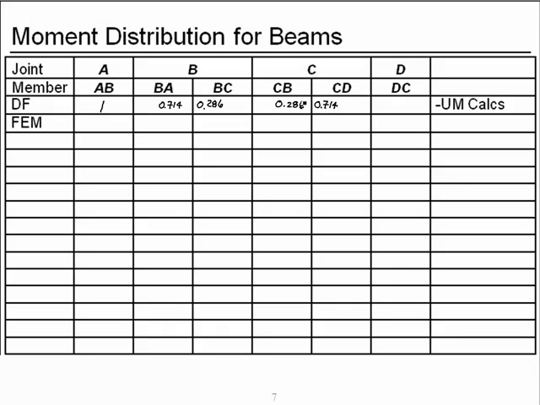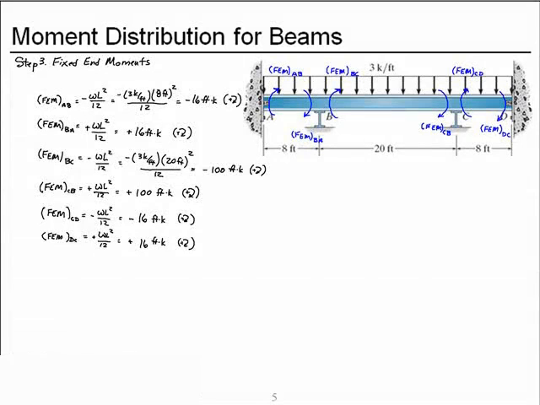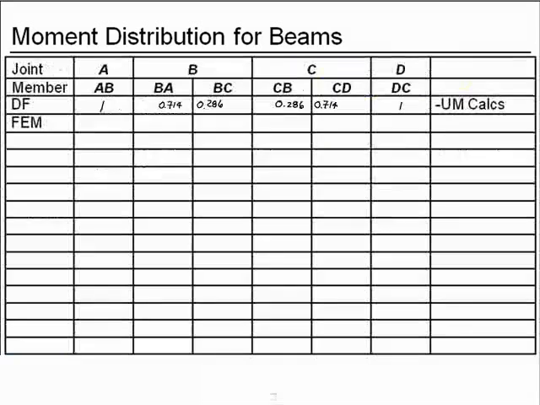It's the mirror image because of the symmetry of the problem. And a 1. Now to go back and get our fixed end moments, which we had recorded here, minus 16 and plus 16, minus 100 and plus 100, a minus 16 and plus 16.